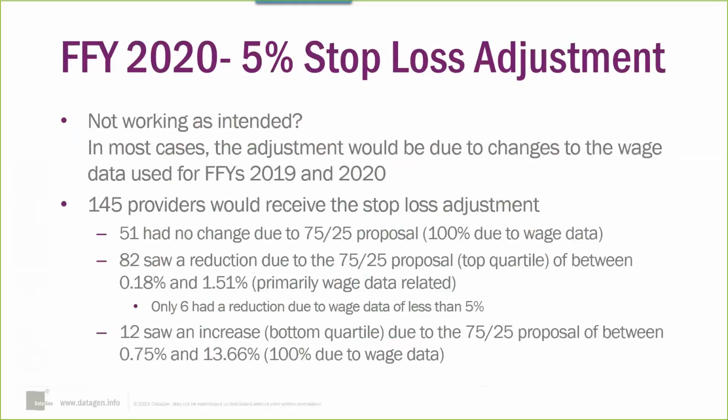In most cases, when looking at the impacts, the adjustment will be really entirely due to the wage data changes between fiscal year 19 and 20. The majority of providers got this 5% stop loss adjustment because the wage data of their CBSA dropped significantly between the 2 years.